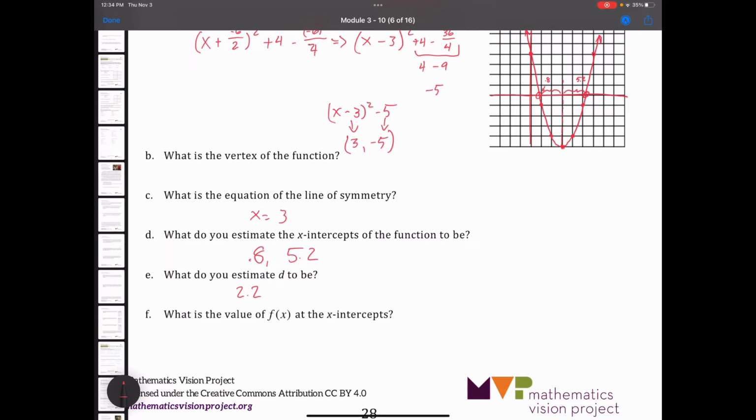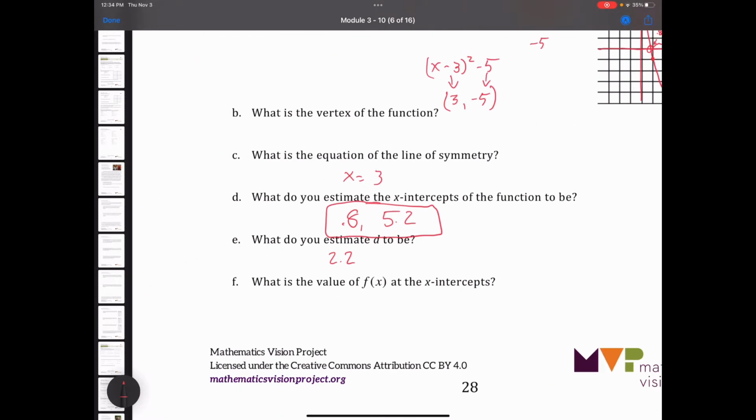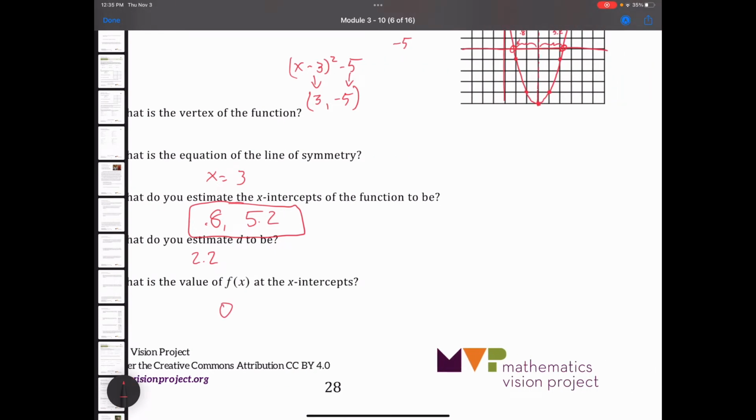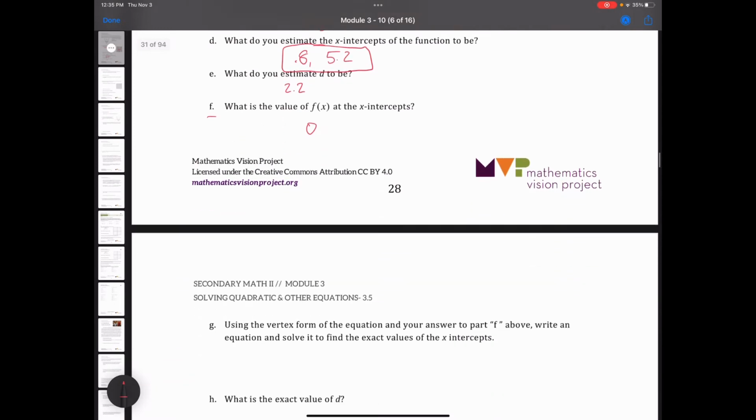So the important thing to note is that if you're estimating x-intercepts, they should be the same distance away from the line of symmetry, x equals h. So then this question here again, what is the value of f of x at the intercepts? Well, the value of the function should always be 0 because that's where it's actually crossing the x-axis, right?